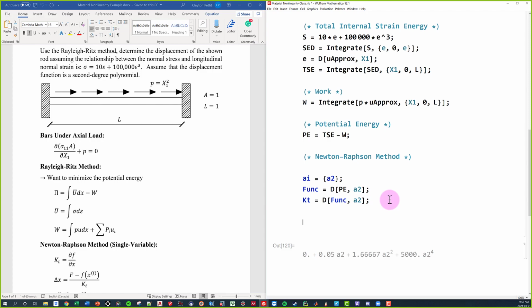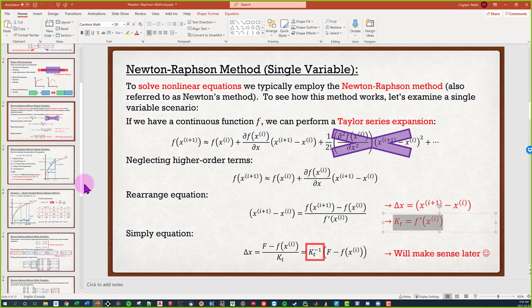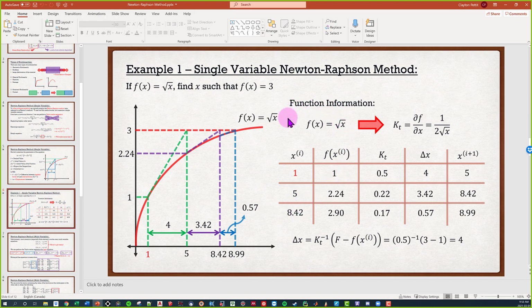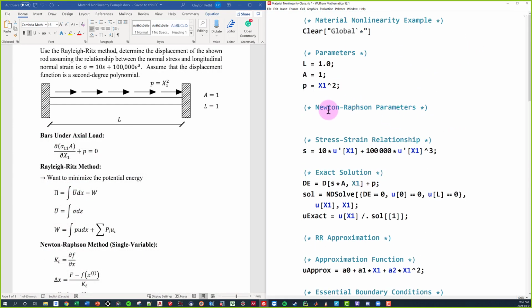When I go through my iterations, I'm going to pull up the PowerPoint. Where's the example? Now that I have my function and I have this, I can go to my iterations. So I'm going to have an initial guess. This is the first thing we're going to scroll up to. One of the parameters we need in our Newton-Raphson method is an initial guess.